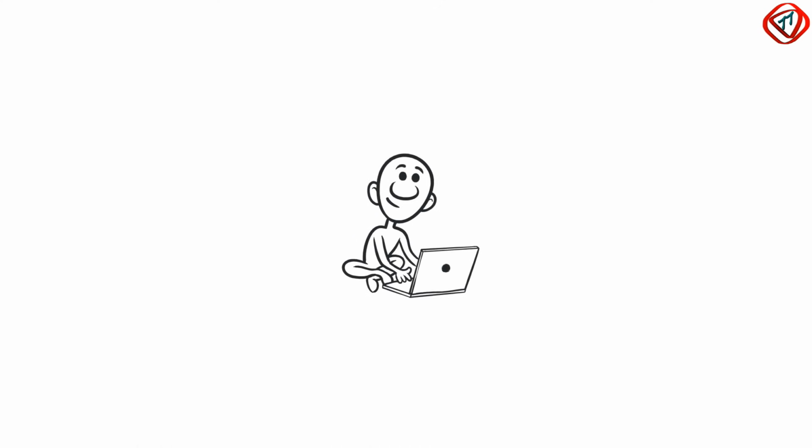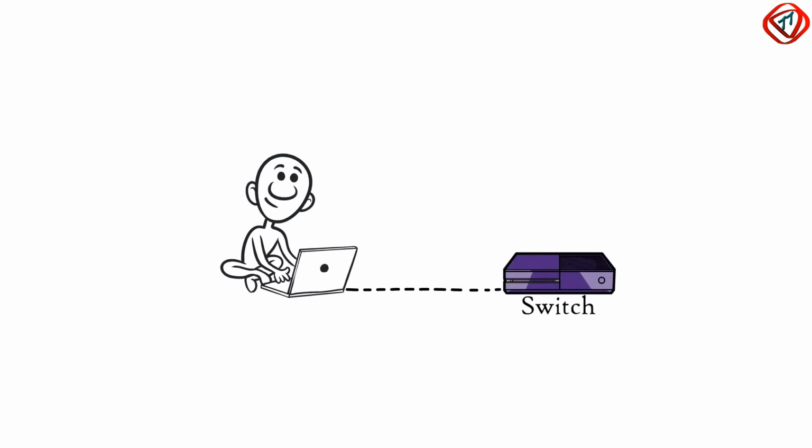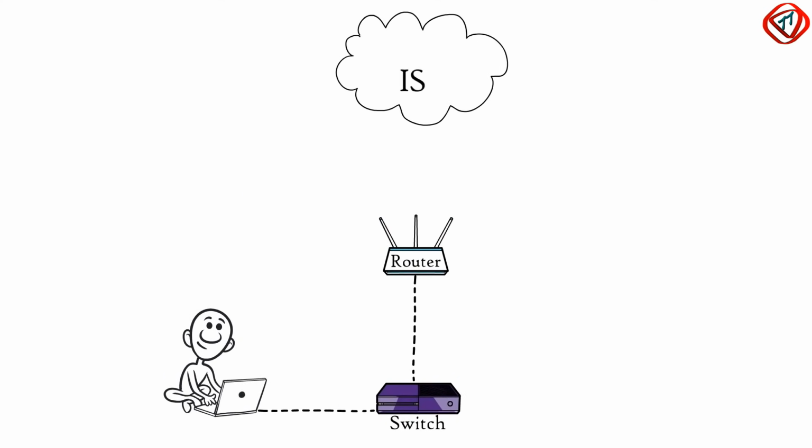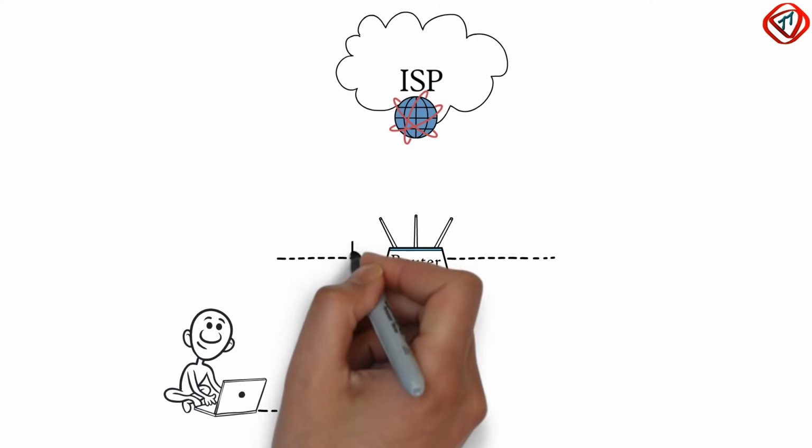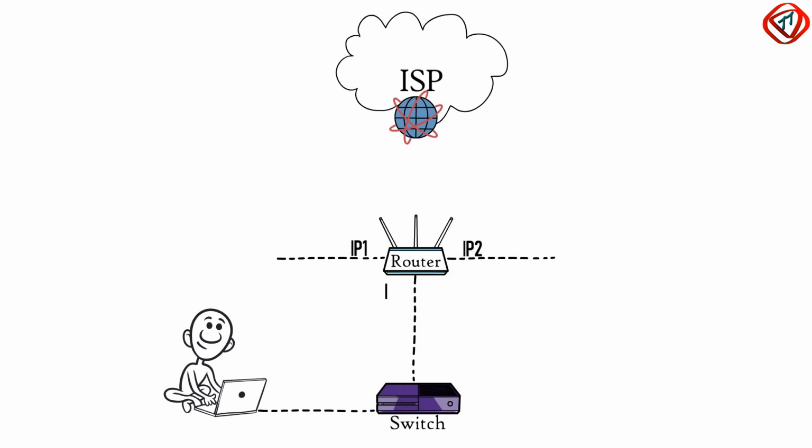Suppose your laptop is connected to a network switch and the switch is further connected to a network router. The router is connected to the internet service provider, so it provides access to the internet. A router has multiple interfaces and each interface has a different IP address.